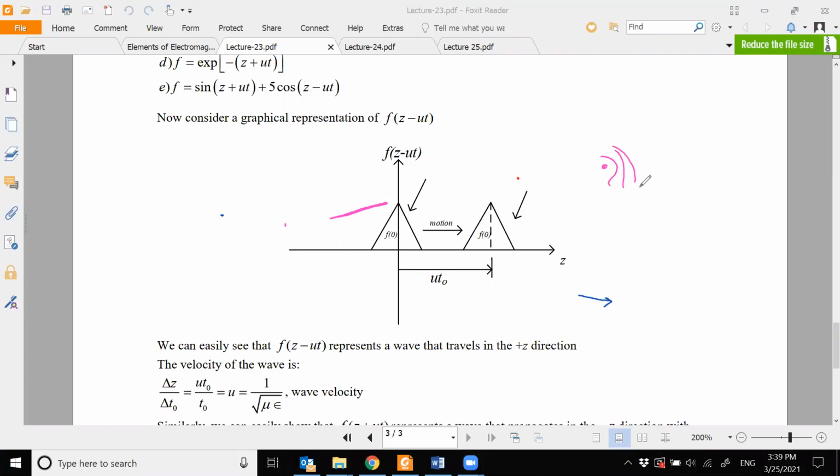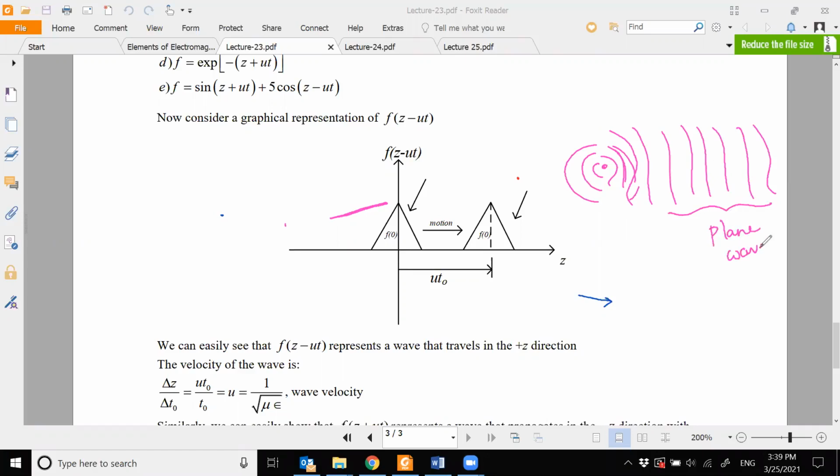And these waves will be traveling. Around where the stone went into the water, it is circular. But as it goes farther, it becomes straight. This is a very good analogy of plane waves. Okay, these are called plane waves.